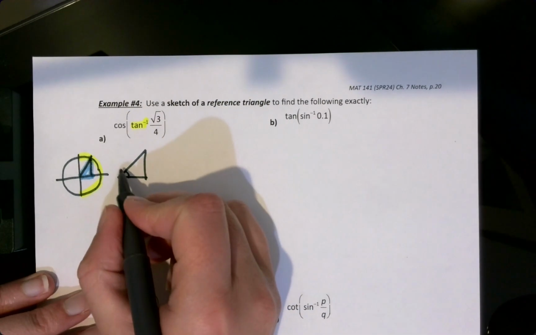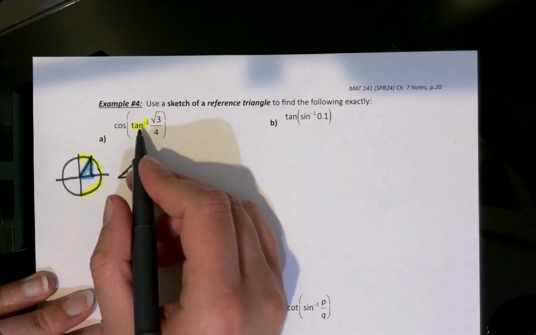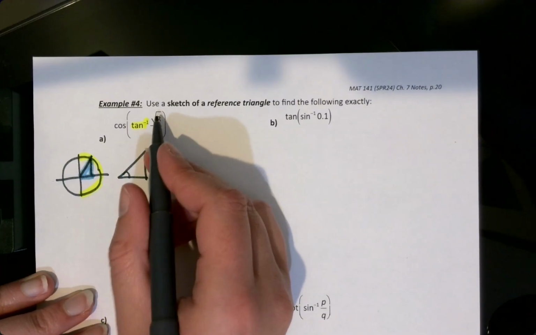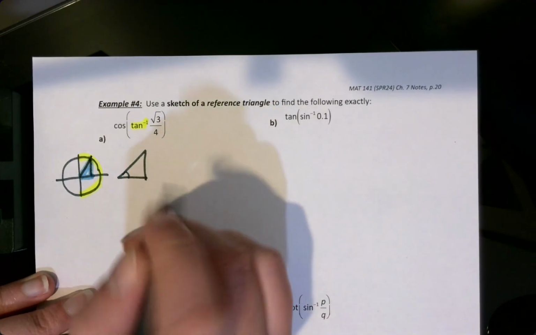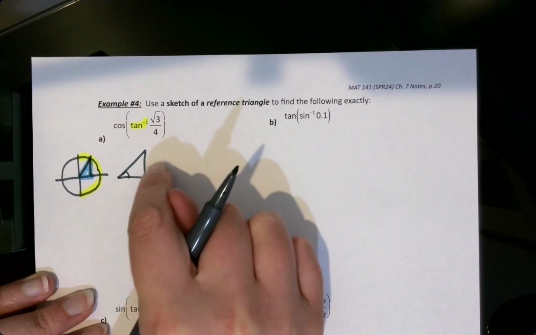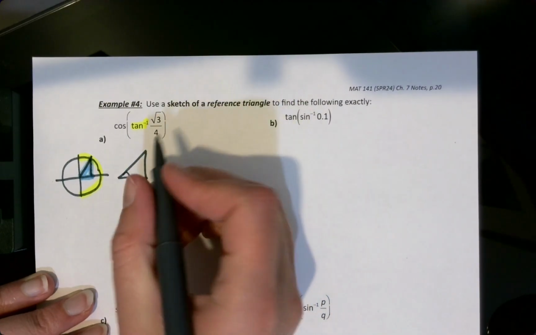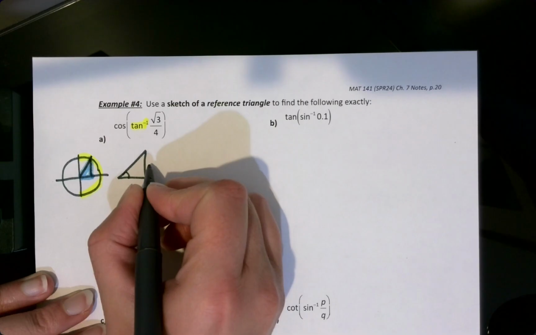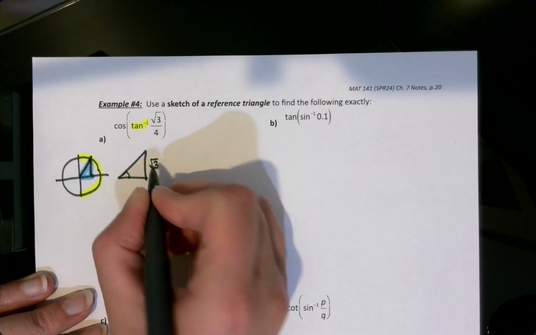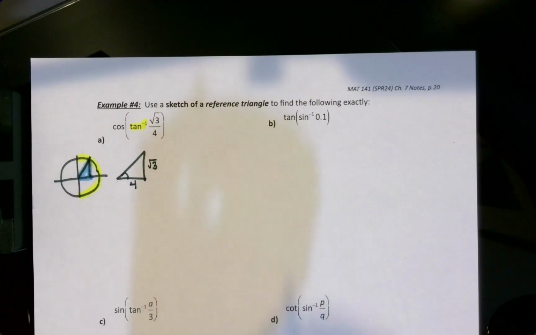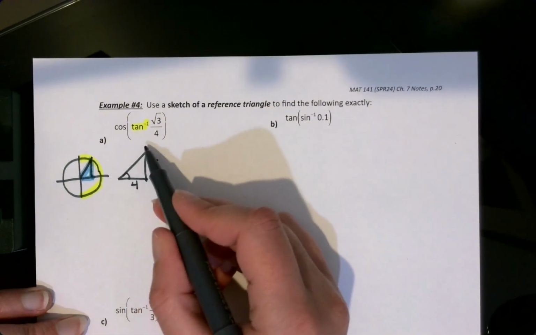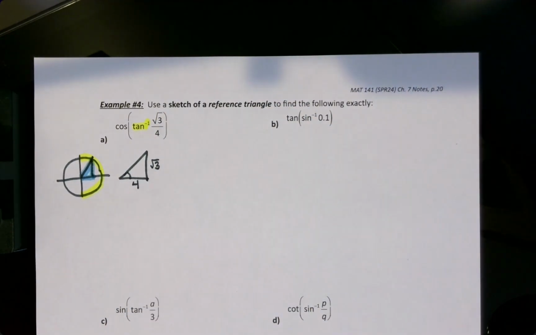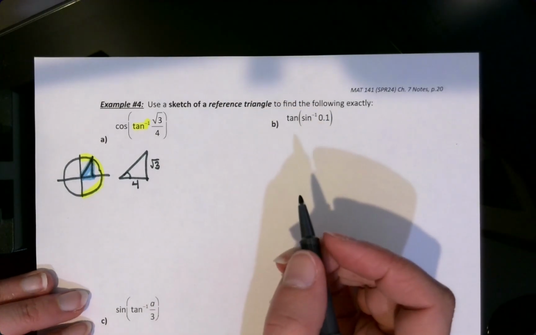Instead, I say that whatever this angle is, its tangent would be the square root of 3 over 4, meaning that its ratio of a side opposite over a side adjacent would be square root of 3 over 4. And I could use the Pythagorean theorem to find the missing side of this triangle.